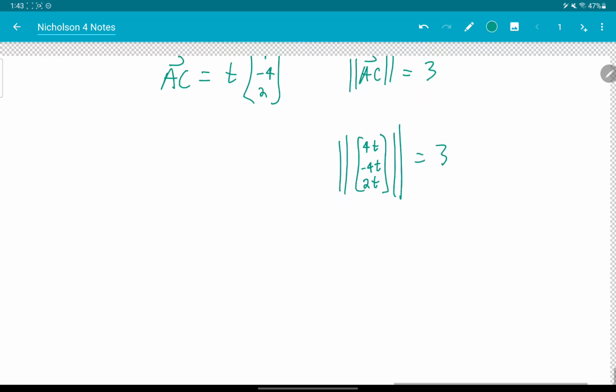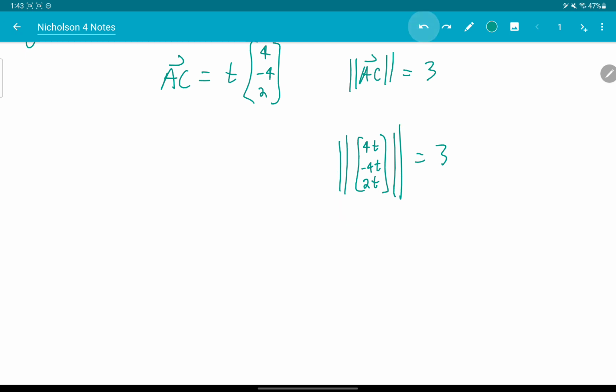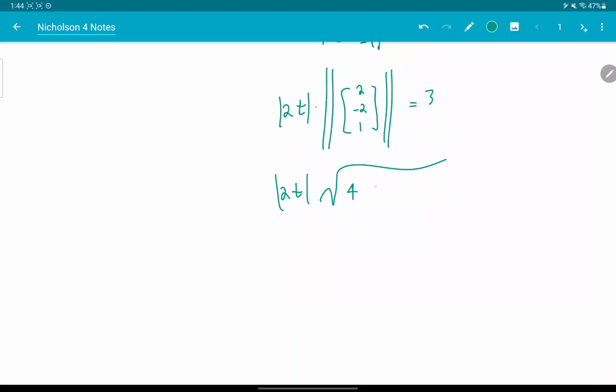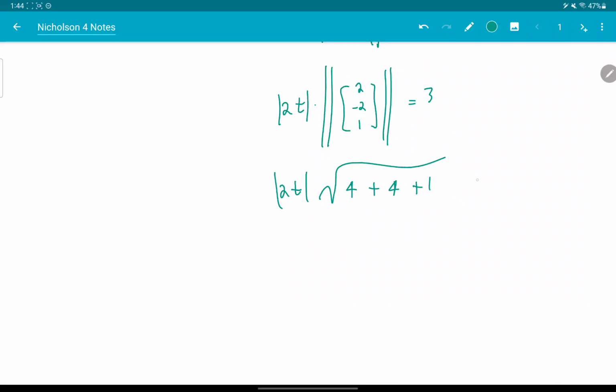As a good math student, I factor out my common factor, which is 2t, being careful to put an absolute value on it when it comes out. 2, negative 2, 1, 3. So this is the absolute value of 2t times the length of this guy, which is going to be 4 plus 4 plus 1 is 9, square root, 3.